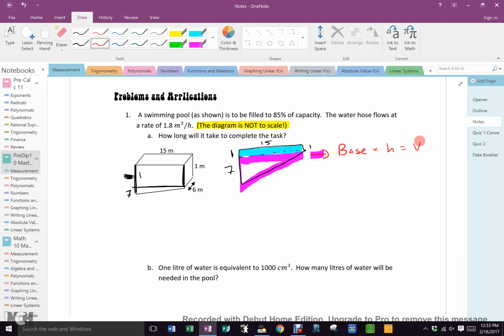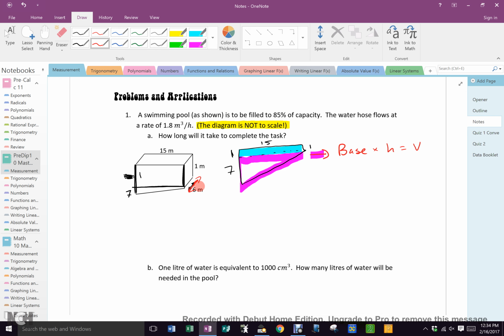If I could turn this pool up like this, the height would be here, wouldn't it? And that height is across the pool. Does everybody understand? Okay. So if I can find this area, the blue and the purple, and I can multiply it by the height, which is 6, I'll know the volume, won't I? Does everybody understand that?